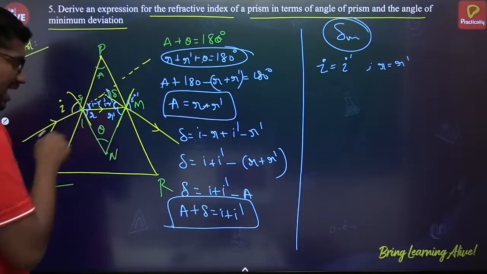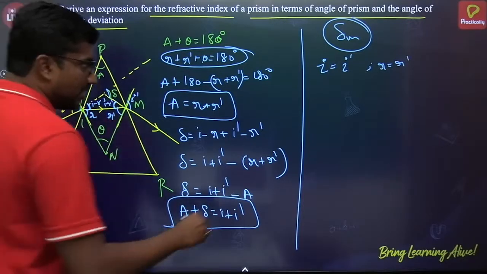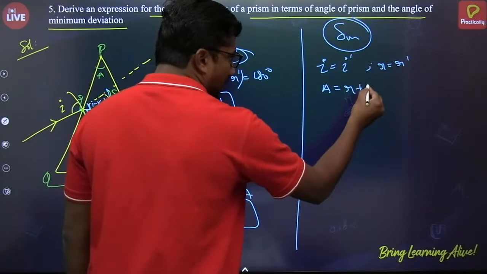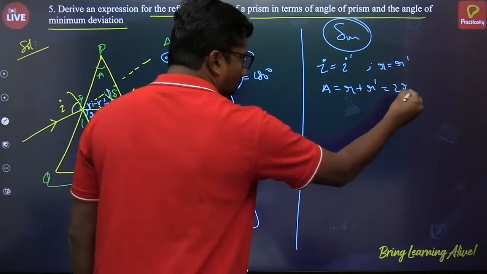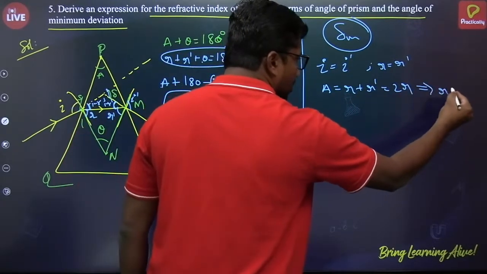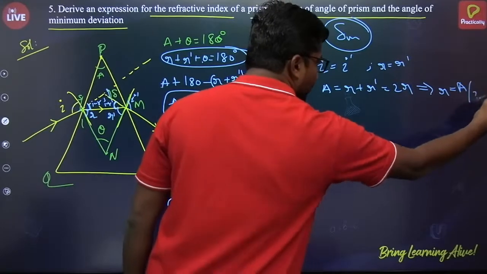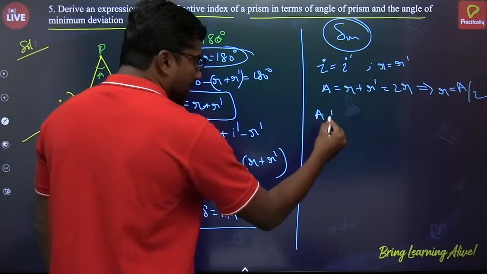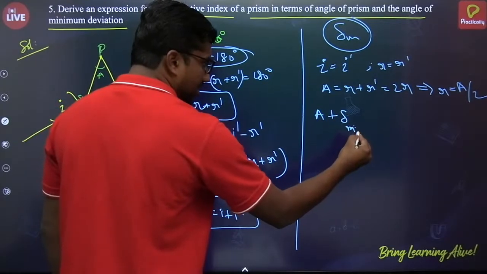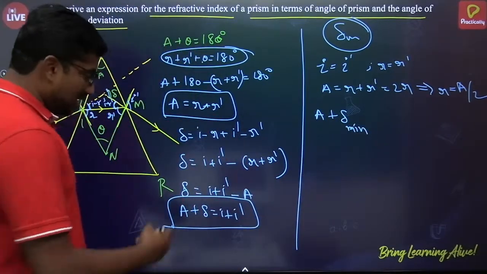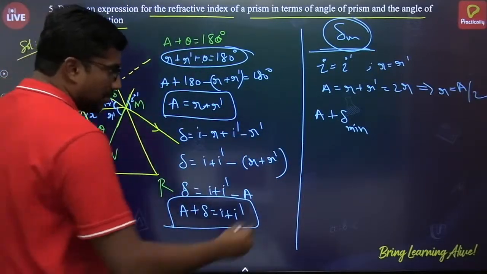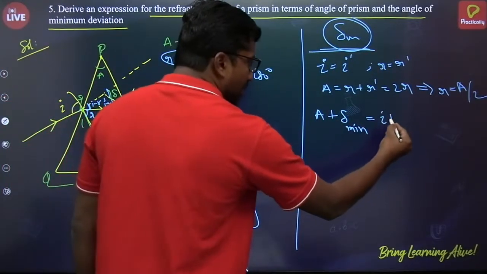From this diagram, A is equal to, as I said, R plus R dash, it will become 2R. That means R is equal to A by 2. Similarly, A plus delta minimum, I am writing delta minimum since delta is delta minimum here, which is nothing but the minimum angle of deviation. A plus delta minimum is equal to I plus I dash.